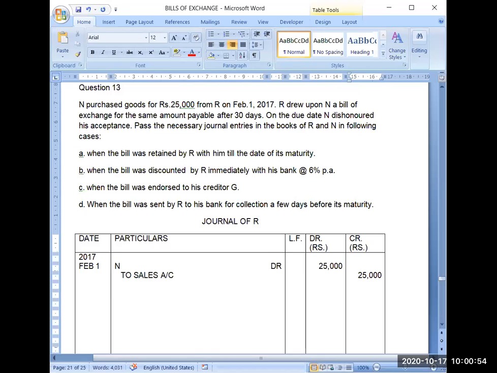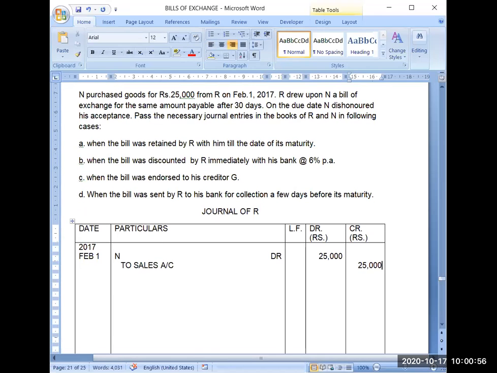Now R has recorded the sale transaction and N will record the purchase transaction.